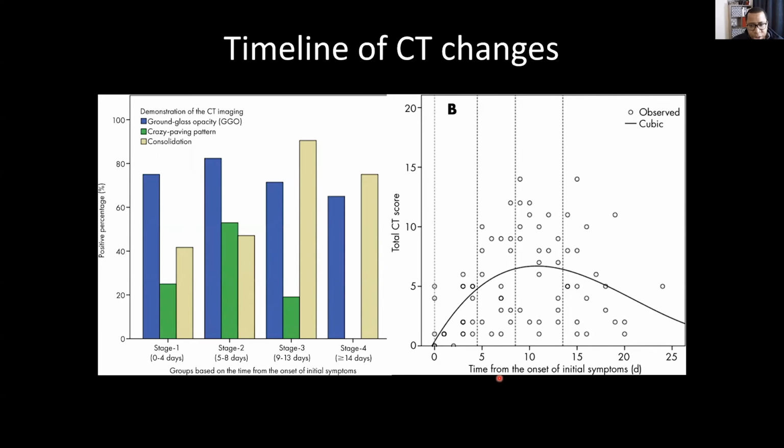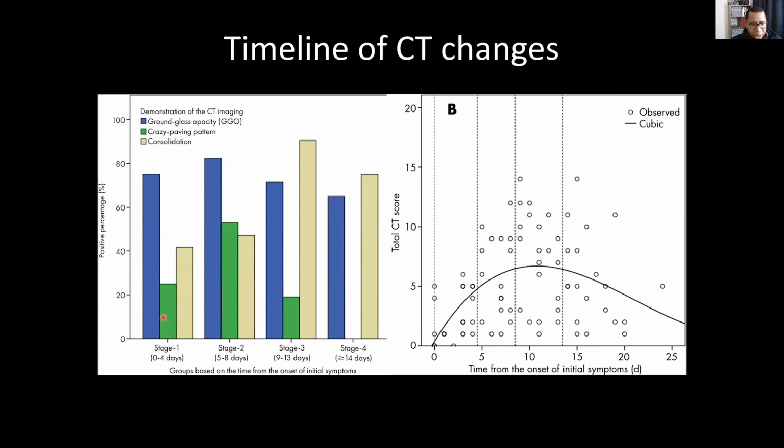So again, this just shows you really the timeline of CT changes, as we said, right? So stage 1, early on in the disease, you have more ground glass opacity, right? And then as time progresses, this is about 2 weeks, like we said, you have a lot of consolidation, right?